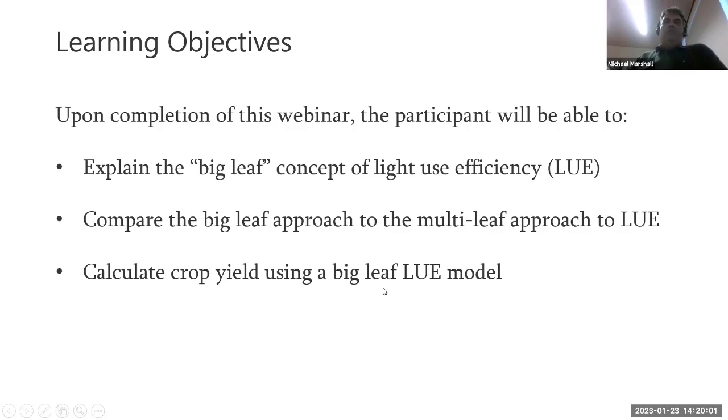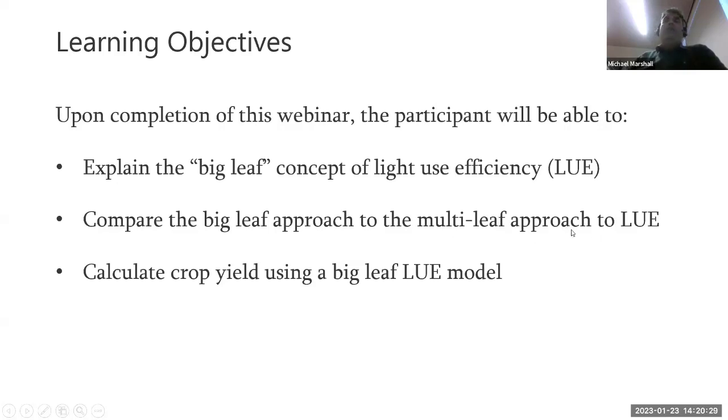And for those of you who are modelers in Africa, in many places, we don't have the data we need to run our models. So that's always in the back of my mind when I'm proposing new methods: does it use free and open access information? That's first priority. And two, does it require a lot of input data? And then we're going to compare the big leaf approach to what we call the radiative transfer or multi-leaf modeling approach.